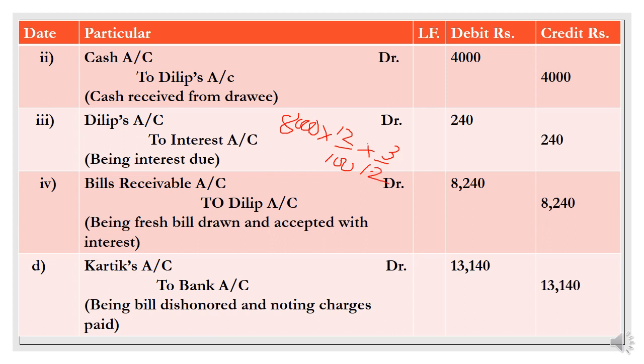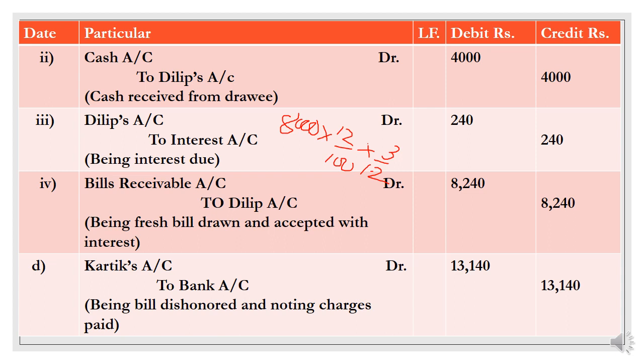So just remember this formula. Whatever the interest calculation is, first you will write the amount, then you will apply the rate, and then you will apply the months. So by that you can calculate. Yes, I am rightly saying 8,000 is the pending amount after the part payment, 12% is the interest rate, and 3 months is the new bill period.